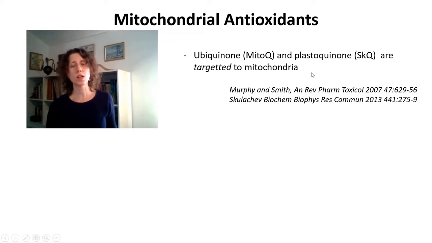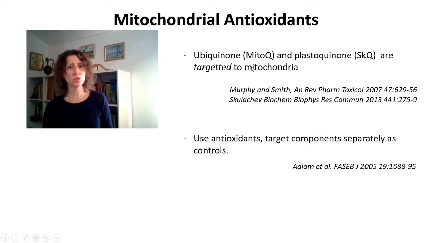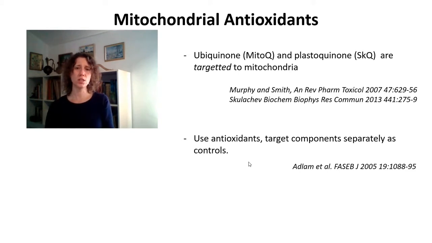Now, just using these antioxidants doesn't mean that this process involves mitochondrial oxidants. I would like to encourage everybody who's using these mitochondrial antioxidants to consider also, as controls, first, using the antioxidant portion of these molecules without the mitochondrial target. That's a way to see if the targeting to mitochondria is the reason that you're inhibiting your effects, or if it's just the antioxidant itself.